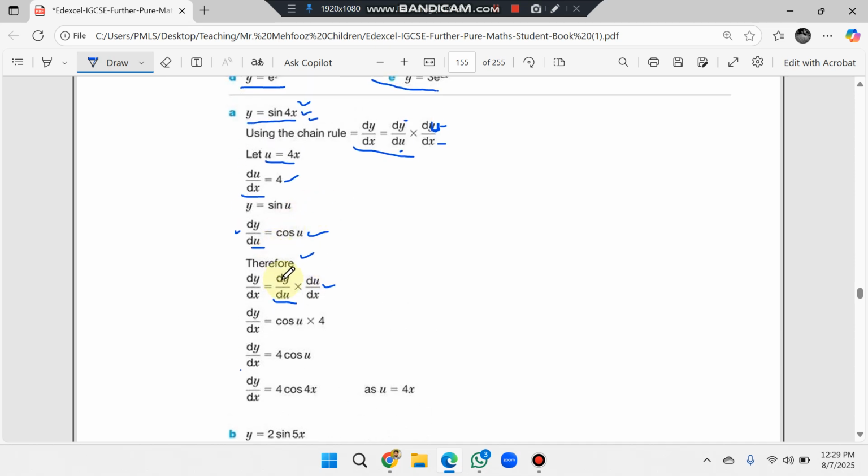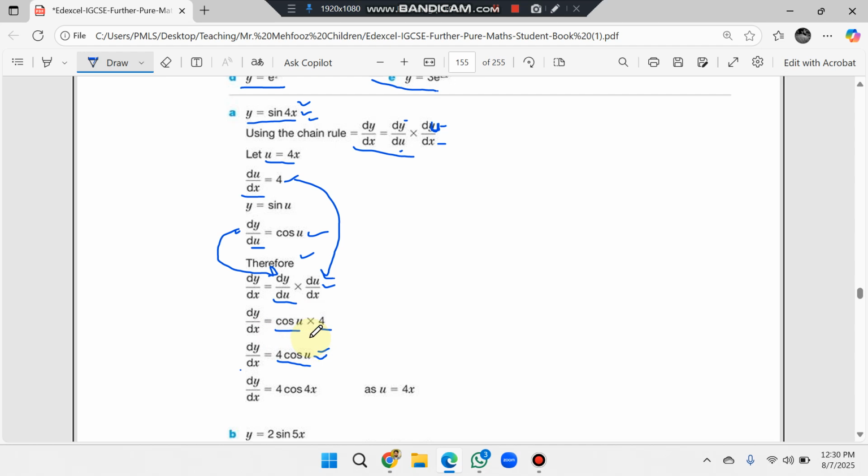So what is the value of dy by du? That is cos u. What is the value of du by dx? That is 4. So we put the values cos u multiplied by 4. So we can also write it as 4 cos u, just by ordering, right? We write 4 first, then cos u. And what is the value of u which we have supposed?